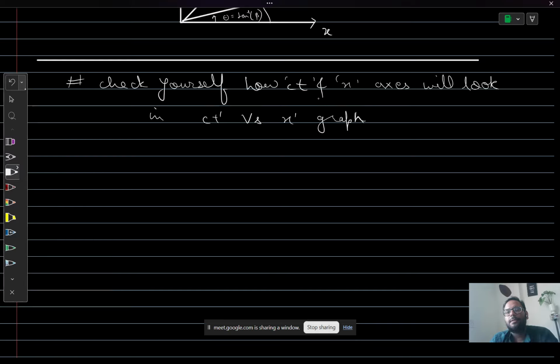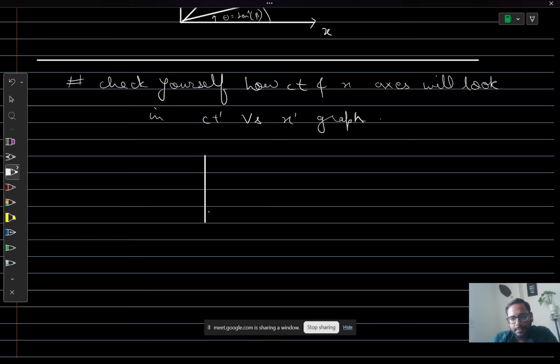You can check how my S frame will look in the S prime frame, how the axes of the S frame will be represented in the prime frame. So to remove the prime confusion, we just remove this. Yeah, that's better, and you will see that it will look like this.